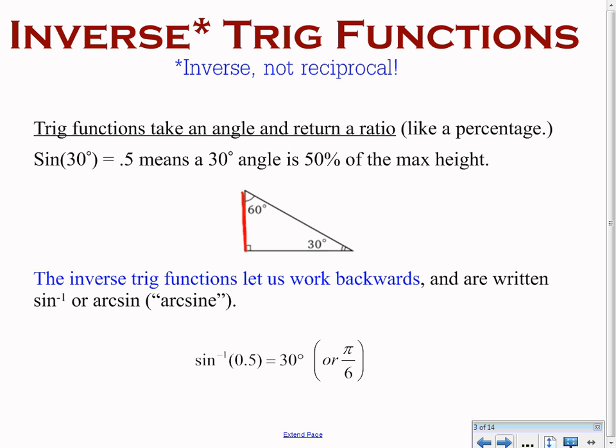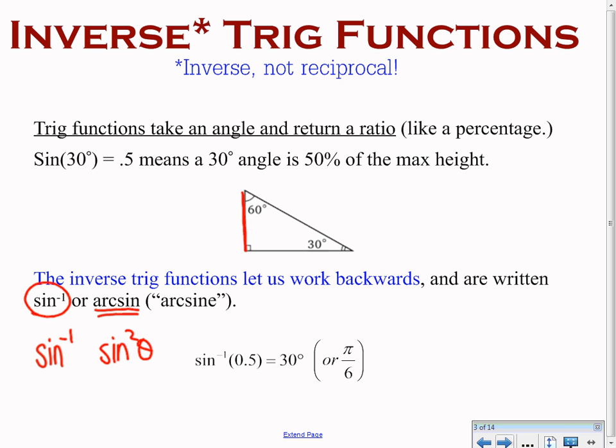Inverse trig functions allow us to work backwards and are written as either sine to the -1 or arcsine. One of the reasons it has two ways of being written is because people are trying to get away from the confusing idea of thinking of that as an exponent, because we've already seen sine squared theta.